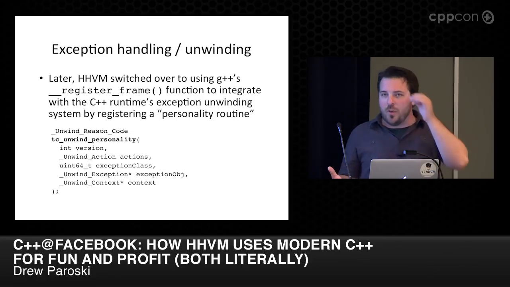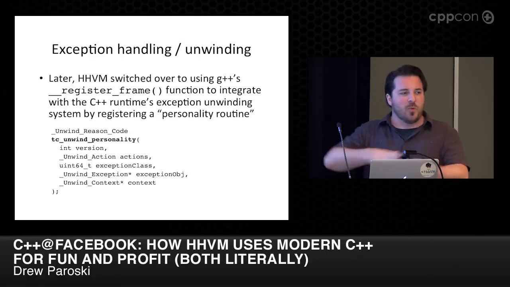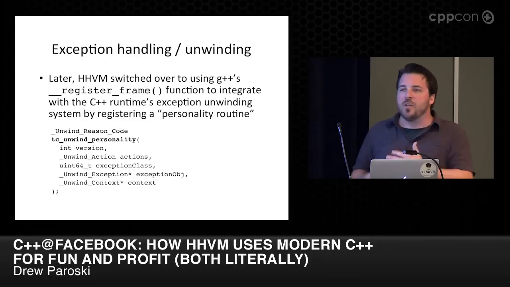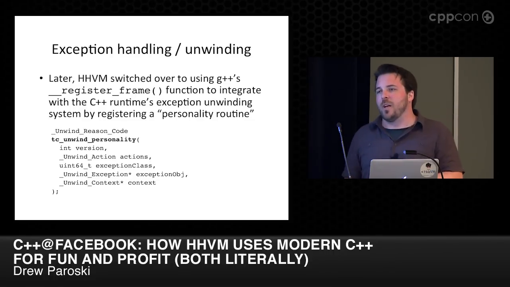So you take for granted when you compile C++ that the compiler's squirreling away all of these little tables and metadata that are used in the event of an exception to figure out what needs to be destroyed based on where your instruction pointer is and stuff like that. What we did is we made a general handler.